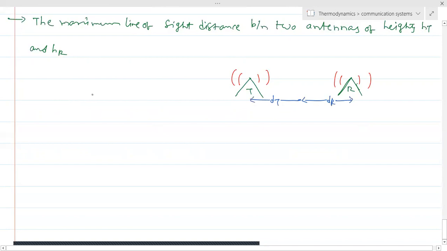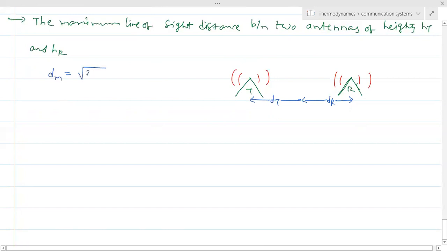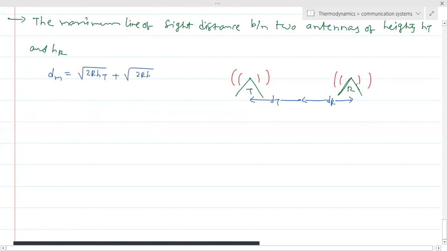The maximum line of sight communication distance between the two antennas of height HT and HR is D max equivalent to root of 2R HT plus root of 2R HR.